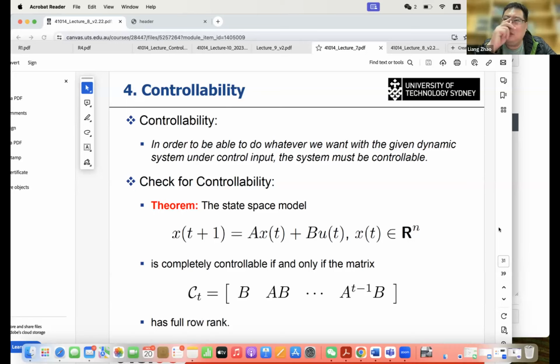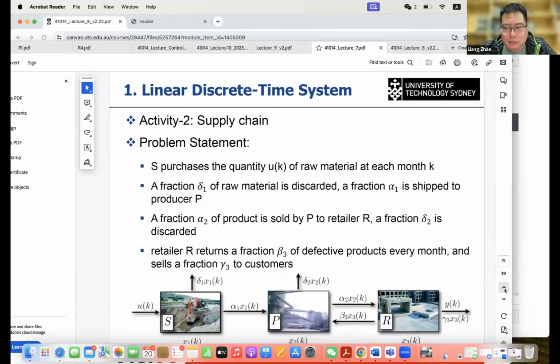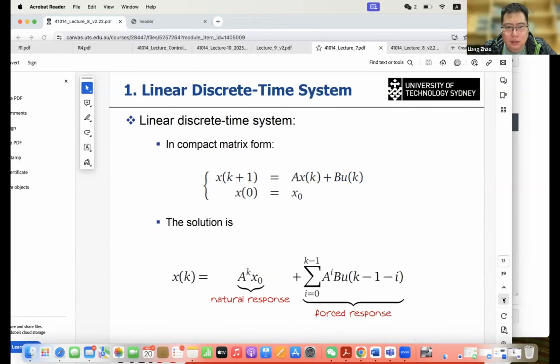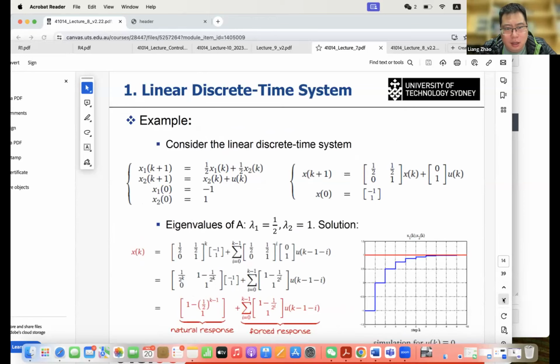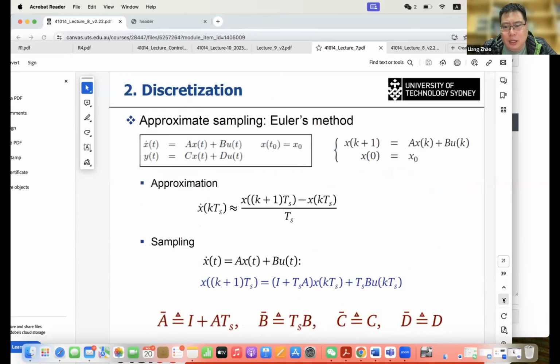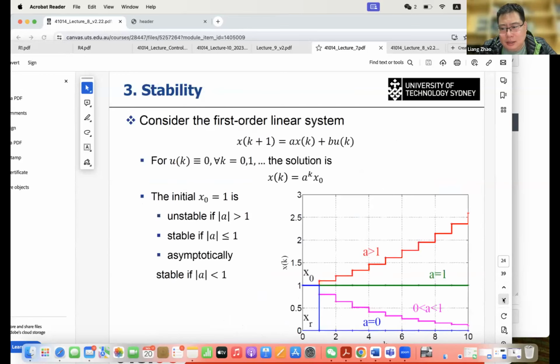We have a very, very simple case, something like A to the power k times x0.